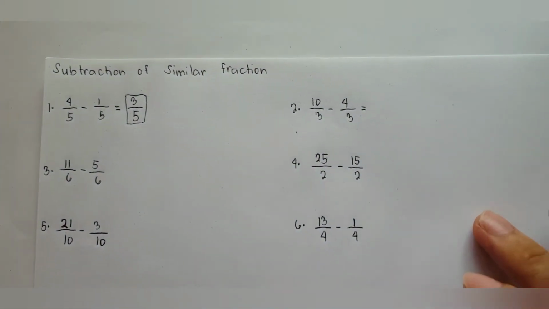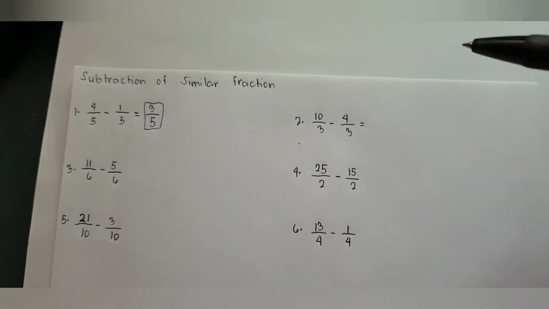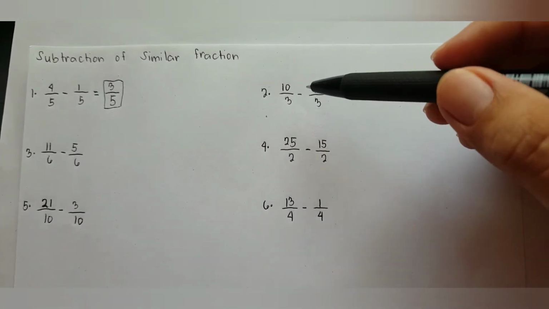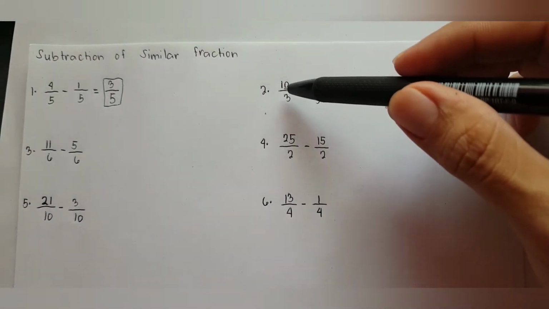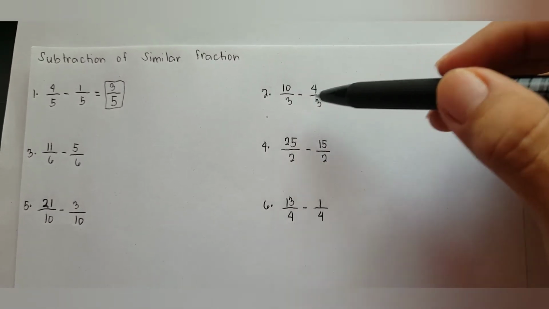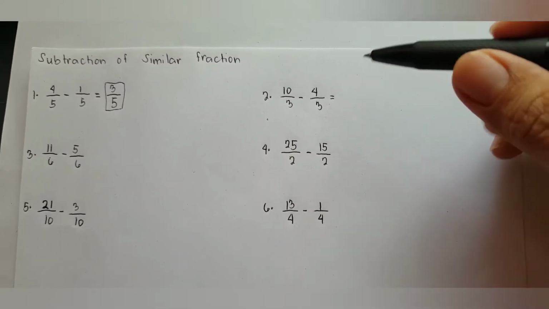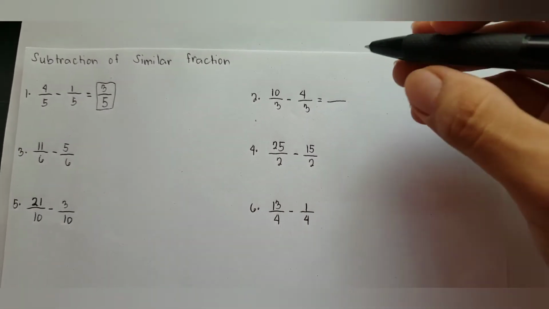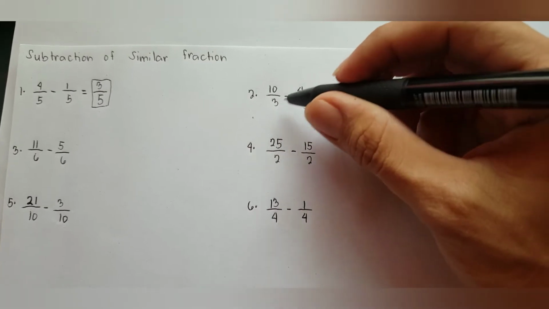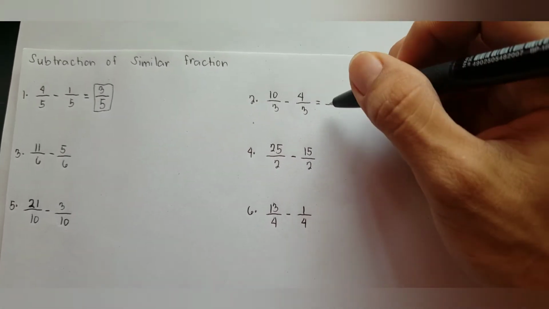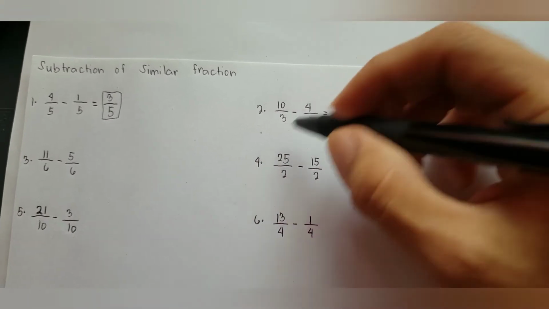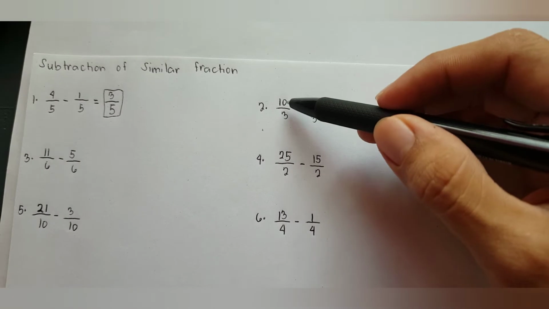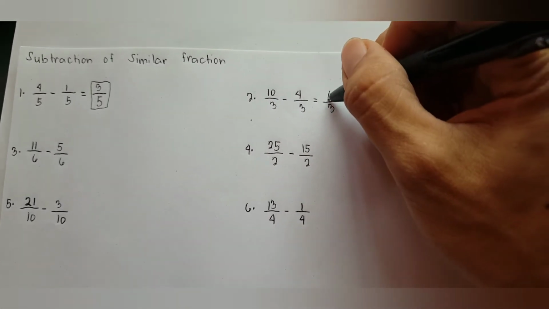Let us proceed to example number 2. We have here 10 over 3 minus 4 over 3. Notice that both fractions have a common denominator. To subtract these fractions, just copy the denominator, which is 3, common. Then simply subtract the numerators. 10 minus 4 is 6.